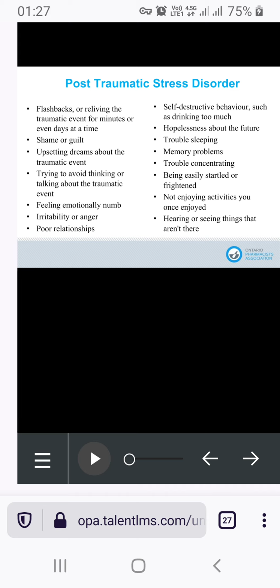Trying to avoid thinking or talking about the traumatic event, feeling emotionally numb, irritability or anger, poor relationships, self-destructive behavior such as drinking too much, hopelessness about the future, trouble sleeping, memory problems, trouble concentrating, being easily startled or frightened, not enjoying activities you once enjoyed, hearing or seeing things that aren't there.